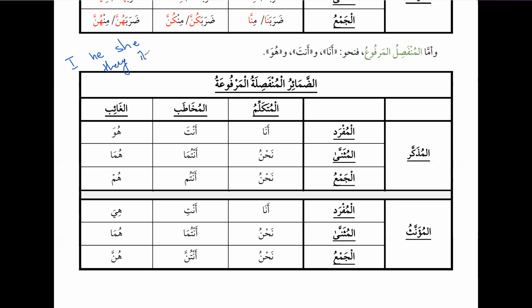These are the ones. Subjective pronouns, if I'm not wrong. I, he, she, they, it, us, or sorry, not us, we. See, us, you use that as an objective pronoun. You say I saw or he saw us, but you don't say us are going to the masjid. You say we are going to the masjid. See, so these are the munfasil marfu'. These are ضمائر منفصلة مرفوعة.